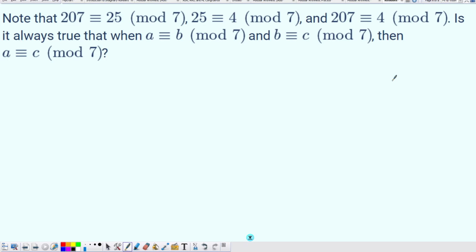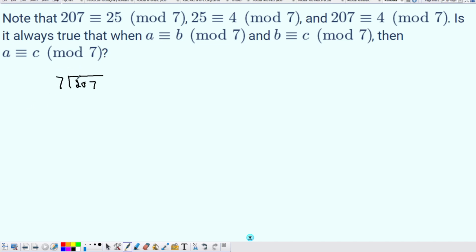more easily. So note that 207 is the same as 25 mod 7. And a good mathematician should not just note that, they should learn why, right? Discover why. And you can discover why with simply dividing 207.